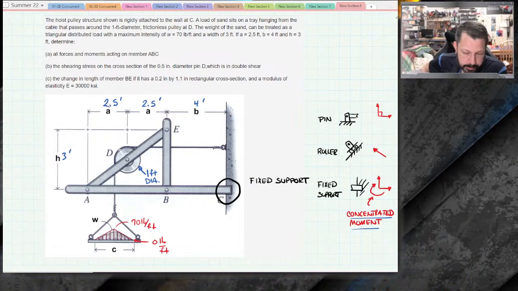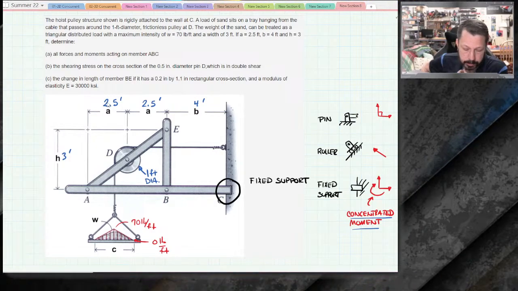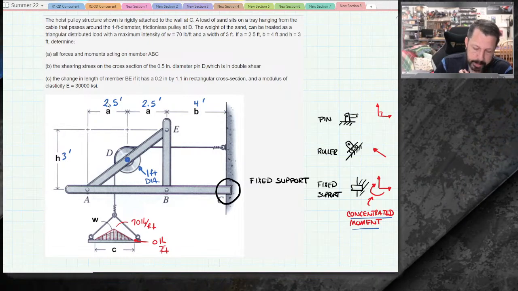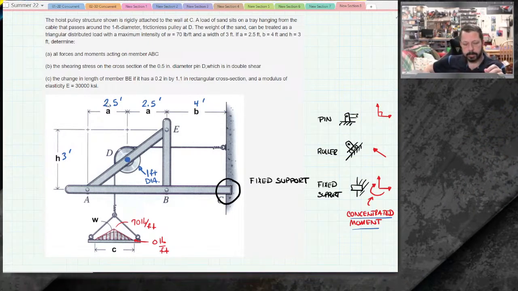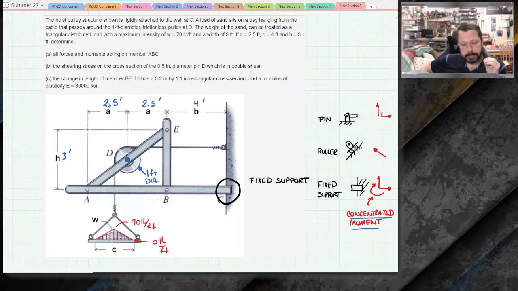The shear stress on the cross section of the 1/2 inch diameter pin D, which is in double shear. So they're talking right here in the middle, that pin that holds the pulley into member ADE. It says it's in double shear.